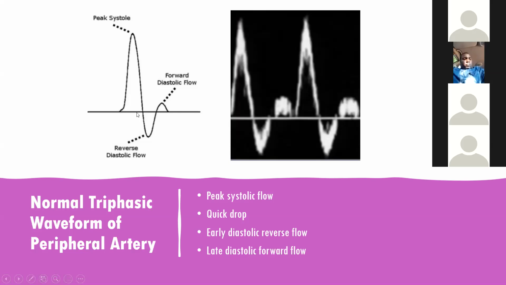When will you get diminished flow? Just after a stenosis. If there is a stenosis present in the blood vessel, you can understand that flow will be reduced, because the stenotic part will limit the blood flow.